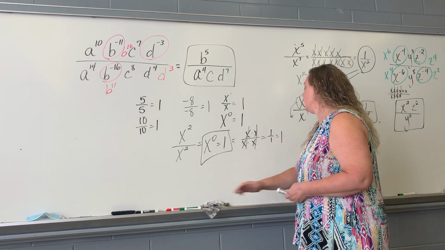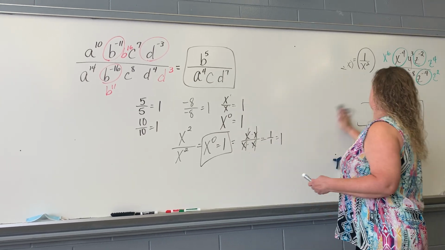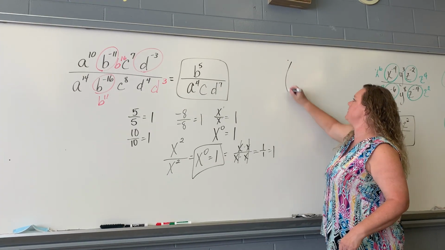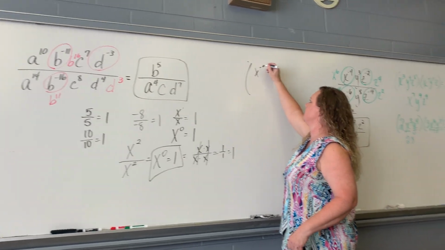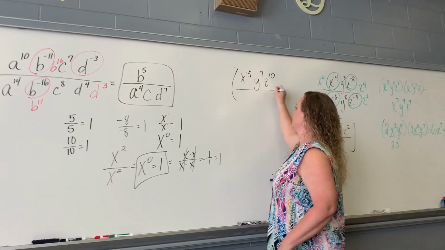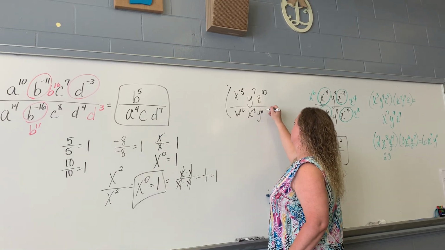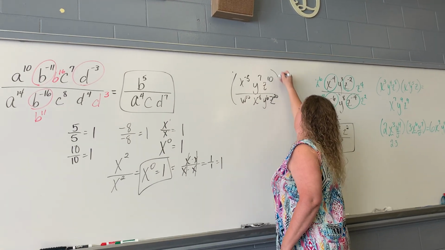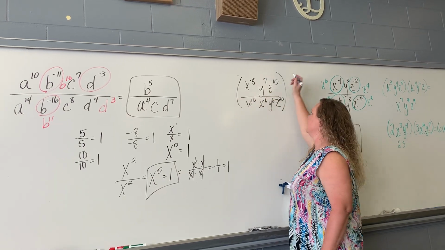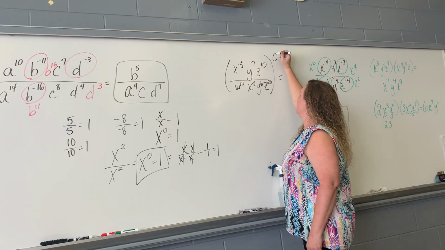So that means I could give you a problem that looks like this. I can have this crazy fraction with lots of positive and negative exponents. But even though it's crazy, if it's all to a power of 0, what do you do with a power to a power?